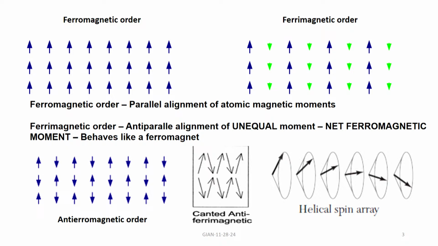Ferrimagnetism is very similar to ferromagnetism, but there are two kinds of magnetic moments. They are aligned antiparallel to each other, but they are not equal. So, that would mean that there is a net magnetic moment. So, the system behaves very much like a ferromagnet. Those materials are generally called ferrites.